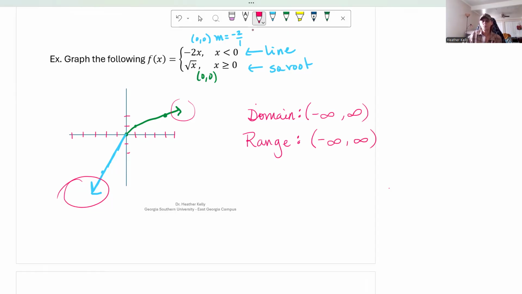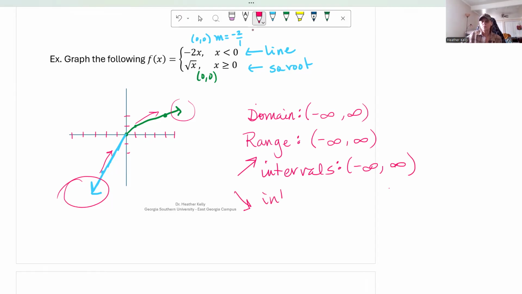How about increasing intervals? Starting from the left, it looks like we're just going uphill all the time, actually. So it looks like from negative infinity to positive infinity.